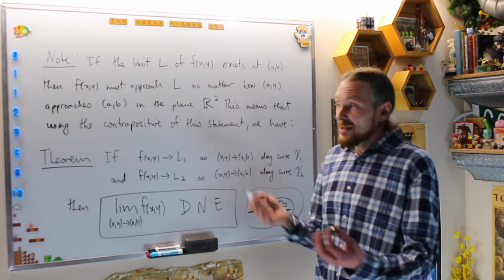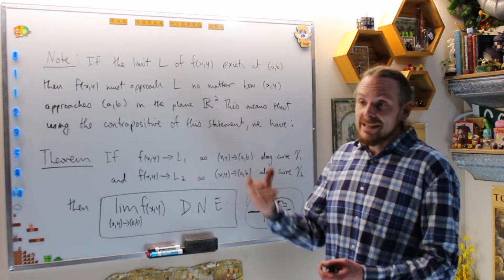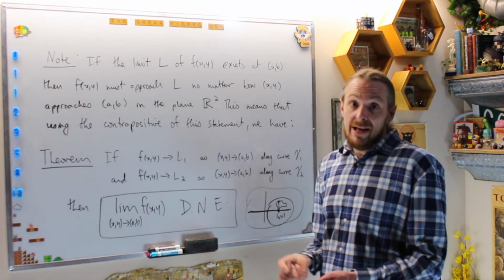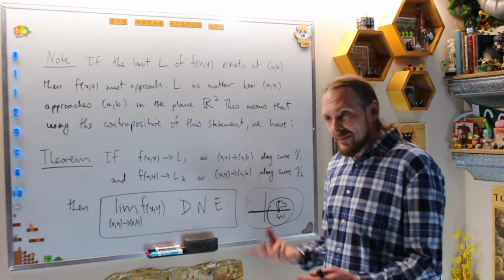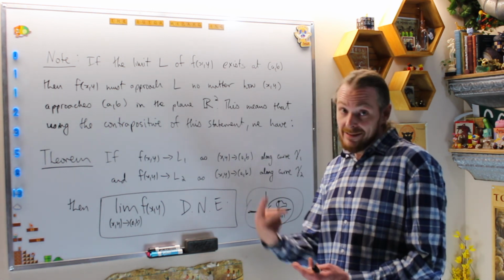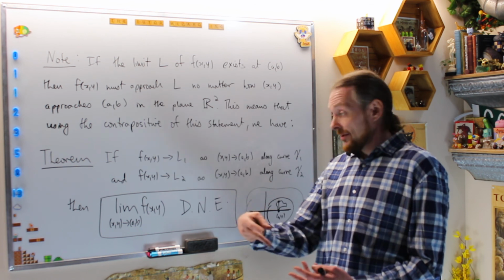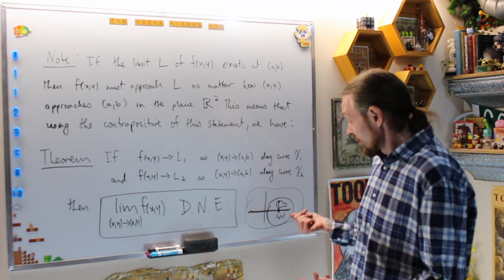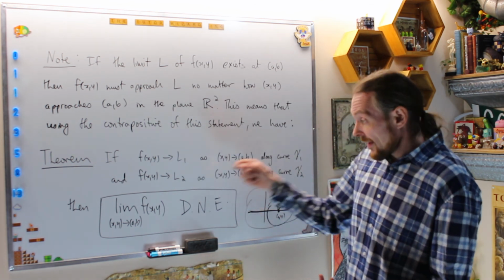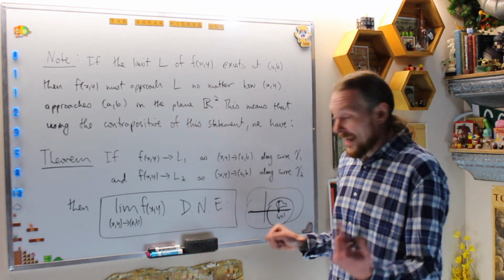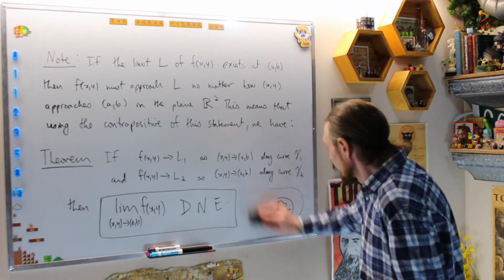Using the contrapositive of this: if the limit exists, then all paths go to the same value L. So if we can find at least two paths that have different values as they approach (a, b), then the limit does not exist. And that's exactly what our theorem says.